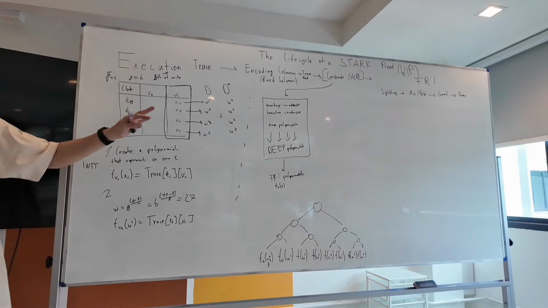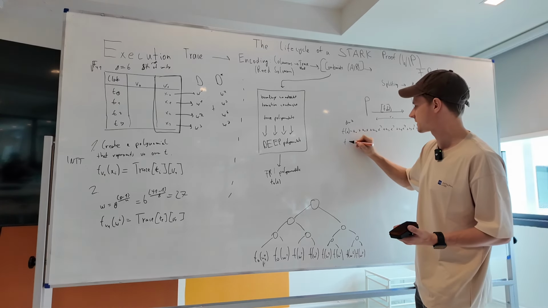So now we would have a polynomial that looks like this, plus a6 x to the power 6, plus a7 x to the power 7. Okay, so this is our FRI polynomial in this case. And actually we're going to split it. I think we're all very familiar with what it looks like.